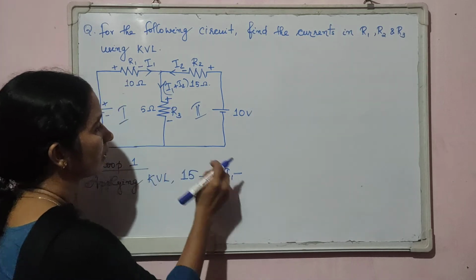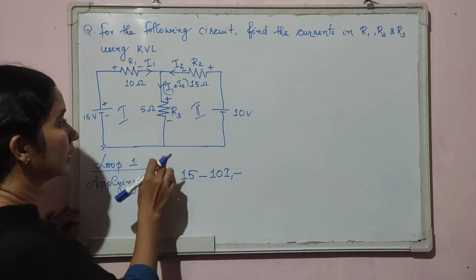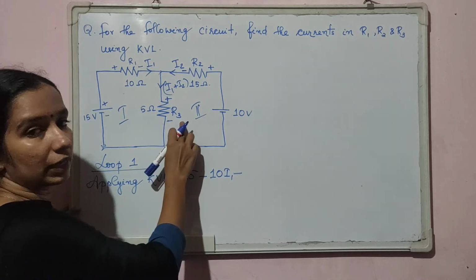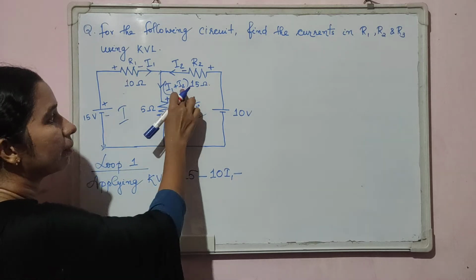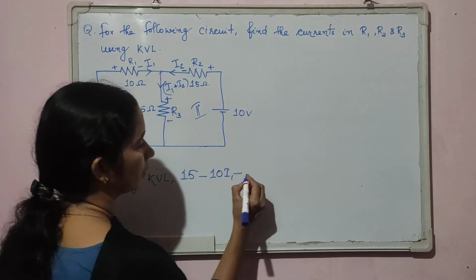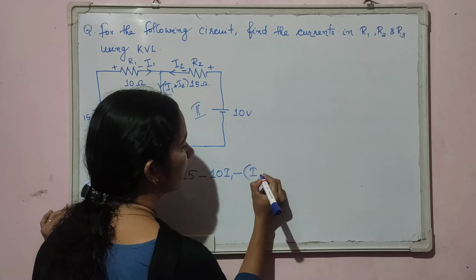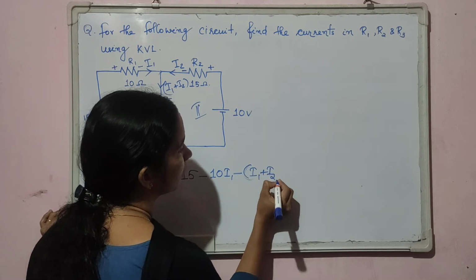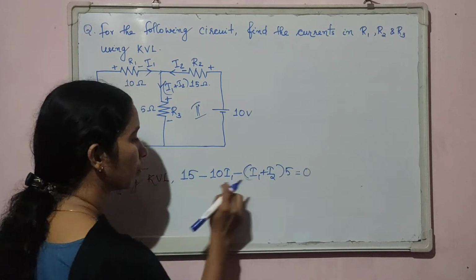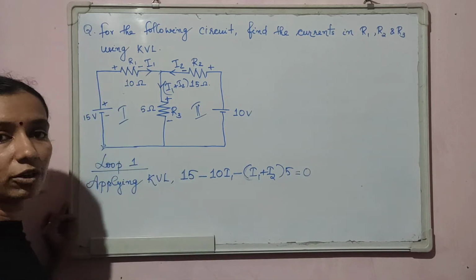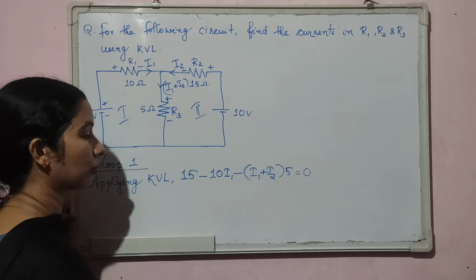So minus the voltage drop across R3, that is current into R3. The current flowing through R3 is I1 plus I2, so I1 plus I2 into 5, which is equal to 0. The algebraic sum of all the voltages is 0 according to Kirchhoff's voltage law.